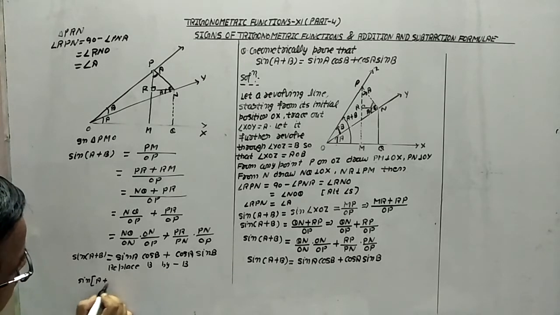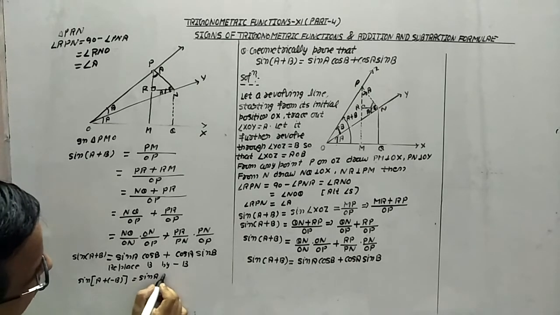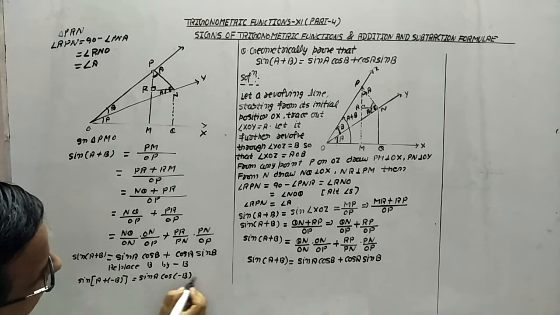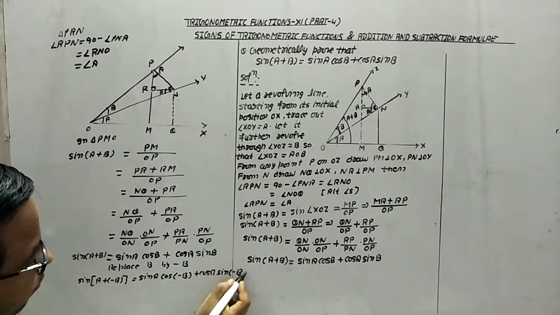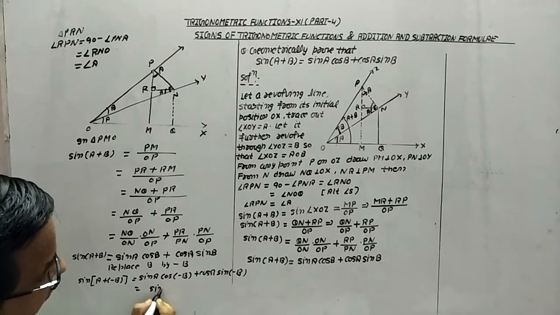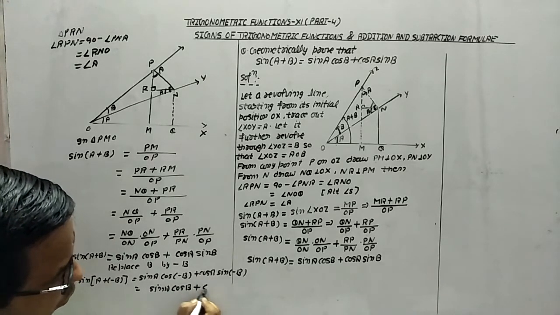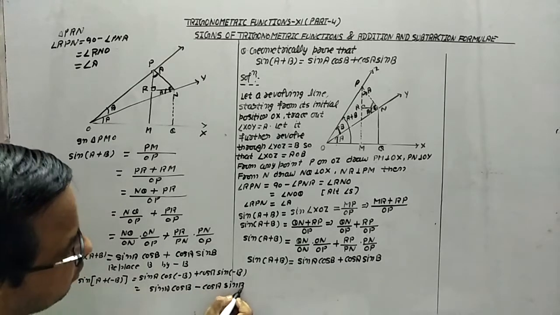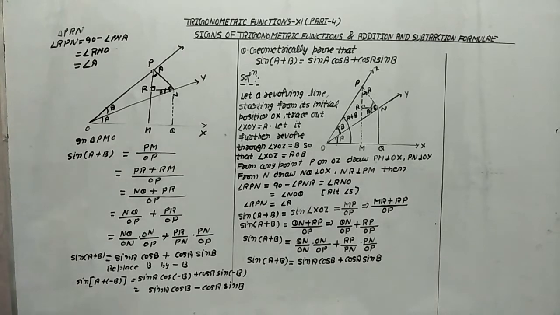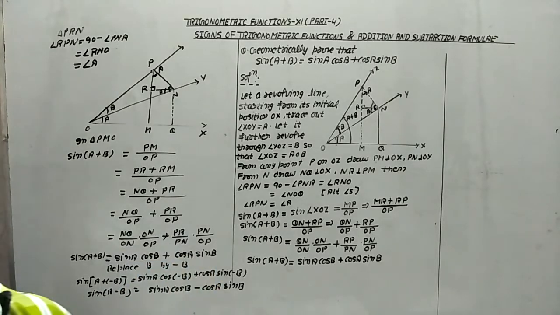Sine A plus minus B is equal to sine A cos minus B plus cos A sine minus B. Now cos minus theta is cos theta only, it means this is cos B. Sine minus theta means minus sine theta, it means minus sine B. So sine A minus B is equal to sine A cos B minus cos A sine B.